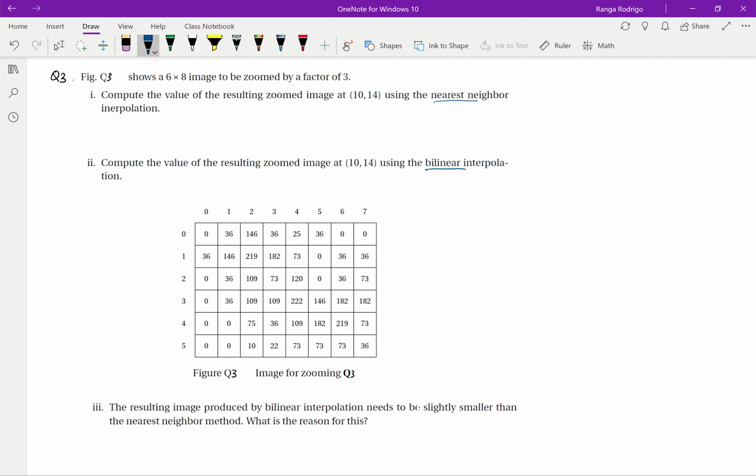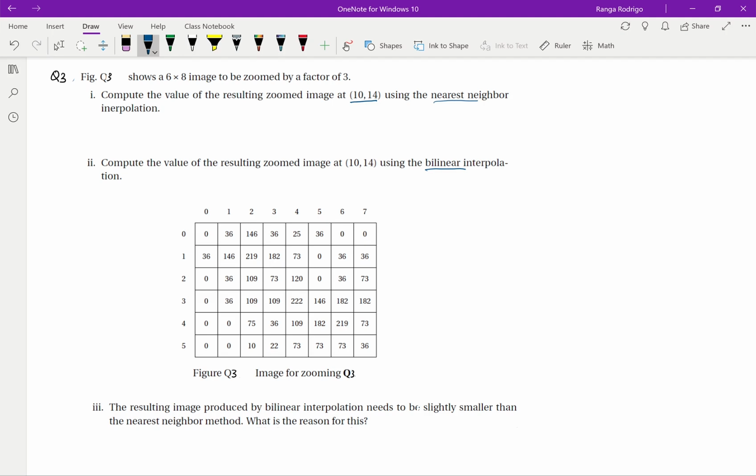We are supposed to compute the value of the resulting zoomed image at 10 and 14. Obviously 10 and 14 does not exist. That pixel does not exist in the original image. So the question is talking about the pixels in the resulting image.